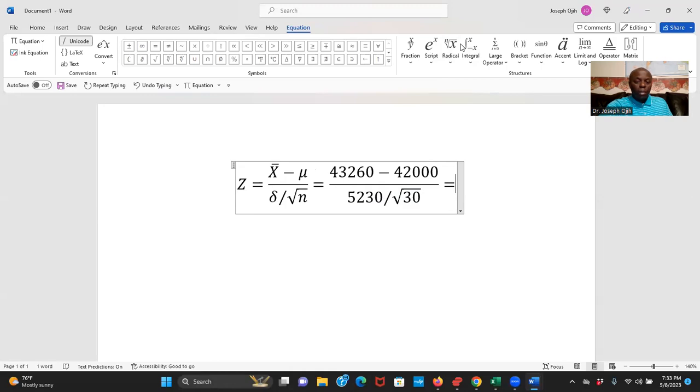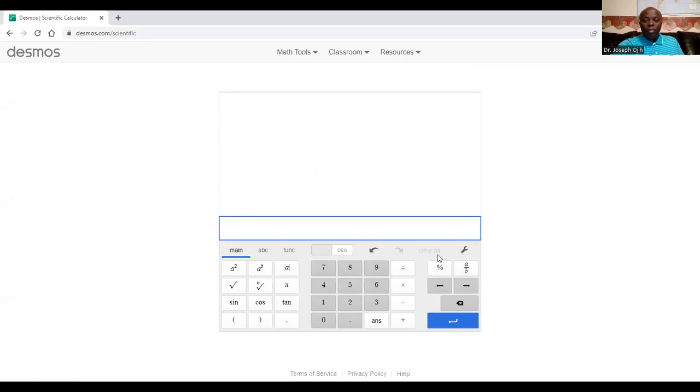Our calculator is right here. So you have X bar, which is 43,260, minus 42,000, divided by the standard deviation of 5,230, divided by the square root of n.